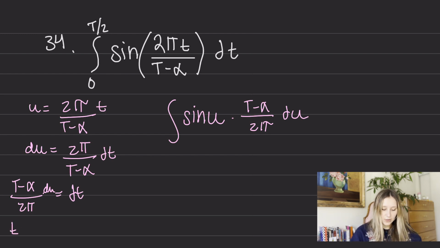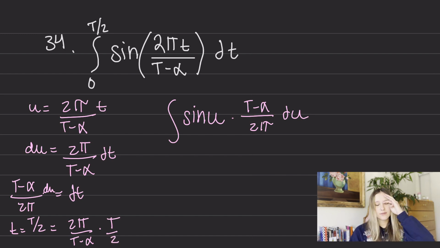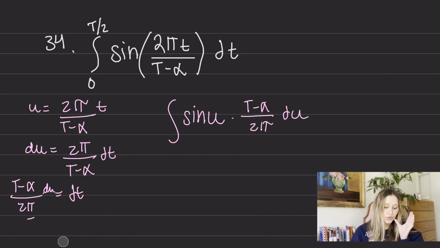Now, when t is equal to capital T over 2, we get 2 pi over t minus alpha times T over 2, which is not very cute. I don't like that. I think I'm just going to ignore that for now. So let's just do it.